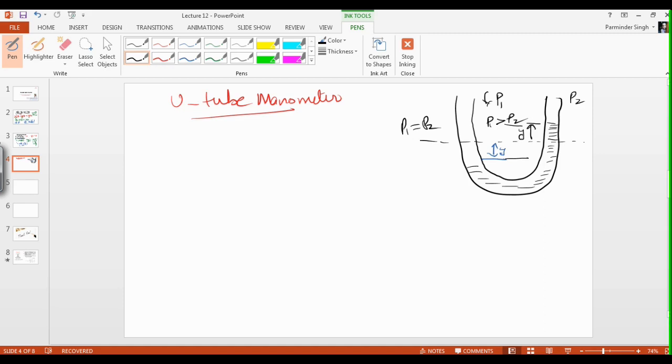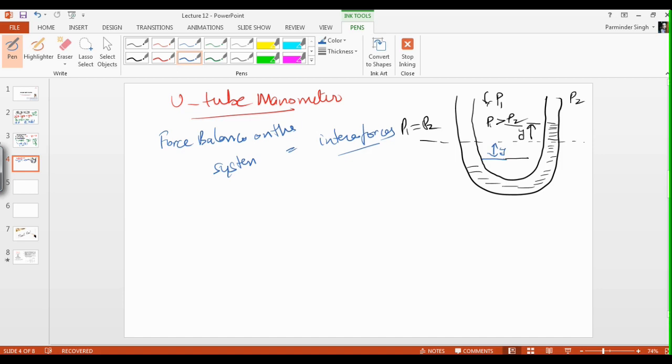Now let's study the dynamic behavior of this system. For this, let's first apply the force balance on the system. The force balance on the system is equal to the inertial forces. What will be the force balance on the system?